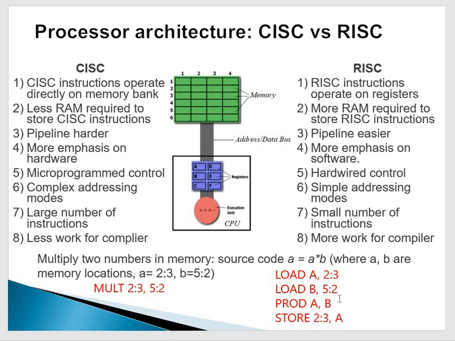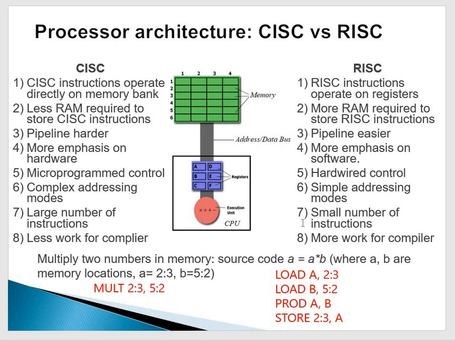So if we look at the difference between these two programs, in this particular case only one instruction was required. This instruction fetches the data from the memory before the multiplication operation, then performs the multiplication within the CPU, and after the multiplication, it stores the data to the memory as well.